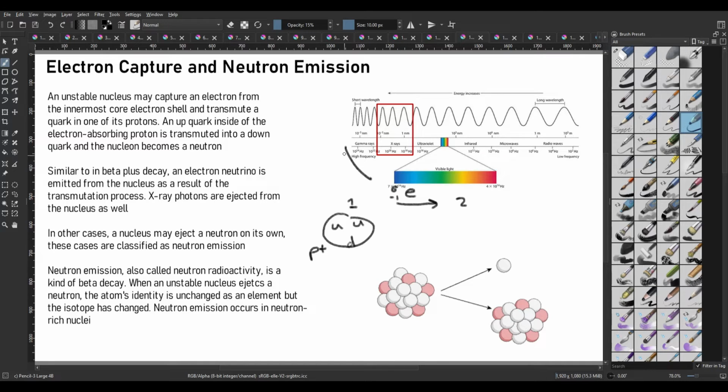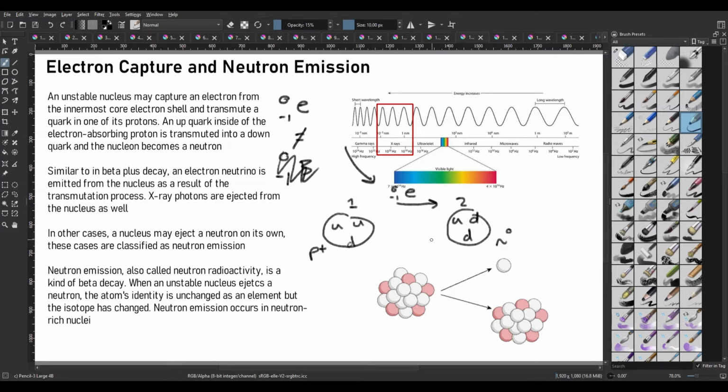Remember, we cannot use a beta particle here. We must use the electron symbol, 0, -1e. It's not the same thing as a beta particle, because the beta particle implies the particle is ejected from the nucleus, so we don't use that. One of these up quarks is going to absorb that electron, and it's going to turn into a down quark. When we have 2 down quarks and 1 up quark, that's going to be a neutron.